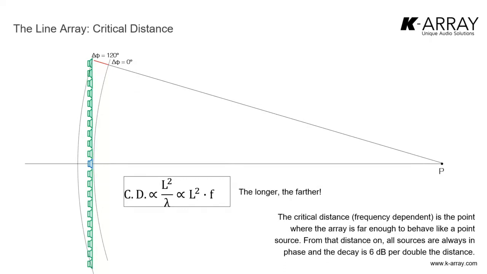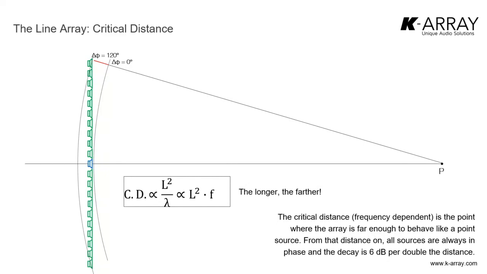From this point on, if I go even farther, of course there are no more woofers to add to the line, and so sound starts to drop again, 6 dB per doubling the distance, like an ordinary point source. So I'm so far that the line array starts to behave actually like a point source.